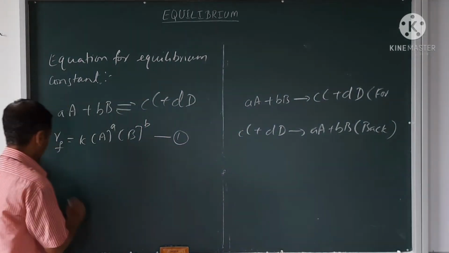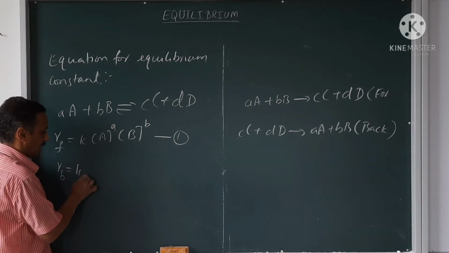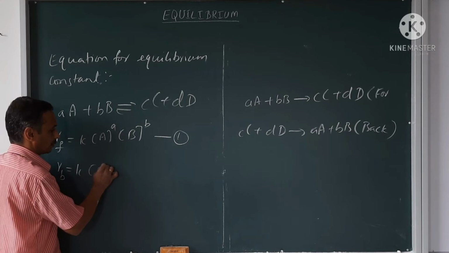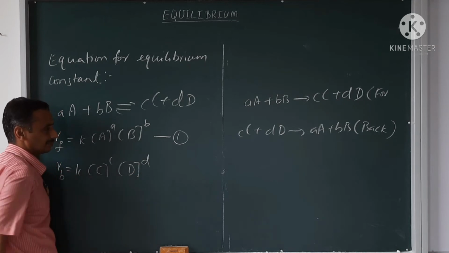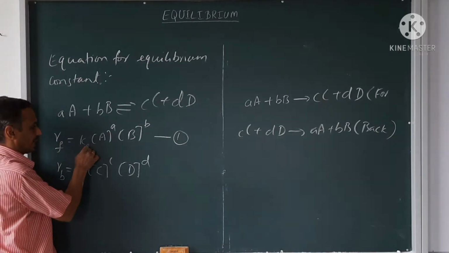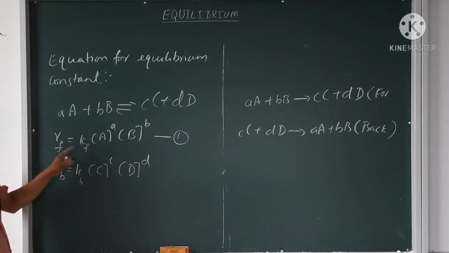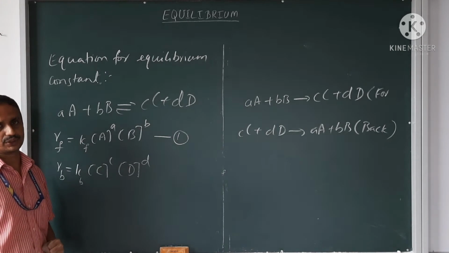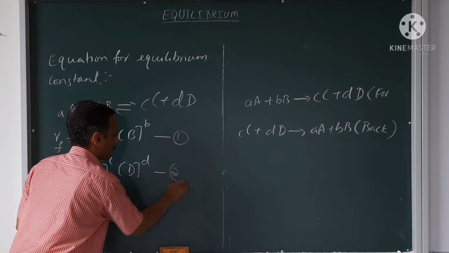R of backward is equal to K into [C] to the power c into [D] to the power d. So this is Kf, this is Kb, the rate constant in the forward and the rate constant in the backward reactions. Okay, it is equation 2.